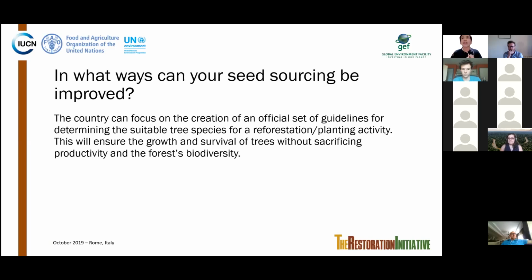We haven't gone deeply into the genetic information, and not so much the biodiversity consideration, in determining the seed sources and also the species to be considered for planting within a given area.